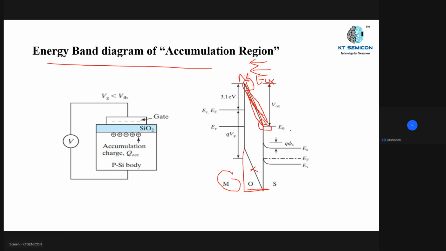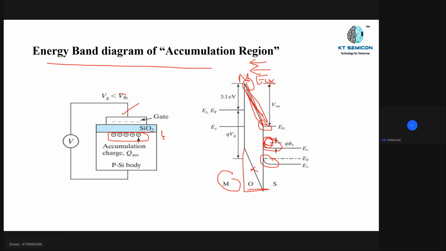And after that we can see some bending. This bending happens because of the accumulation of holes. There is space occupied here because of the holes. There is accumulation of holes whenever we apply the negative voltage.